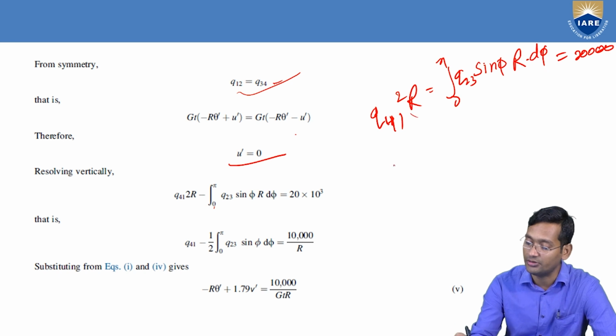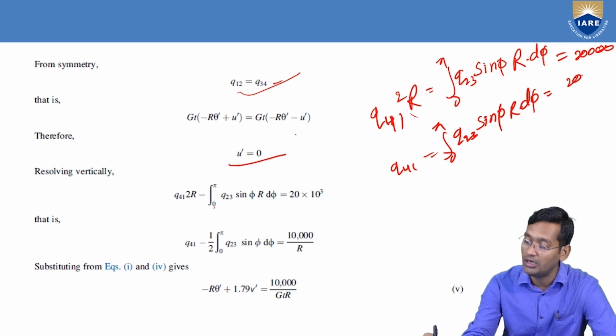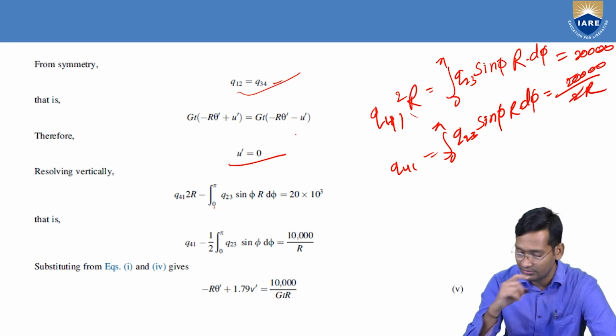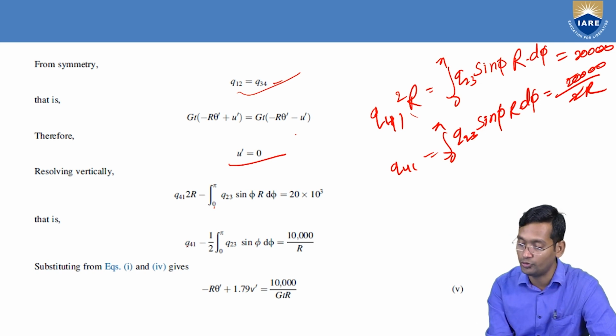Take this 2r to this side. So q41 minus the integral of 0 to pi q23 sin phi r d phi equals 20,000 by 2r, so this is cancelled, that is 10,000 by r. So q41.